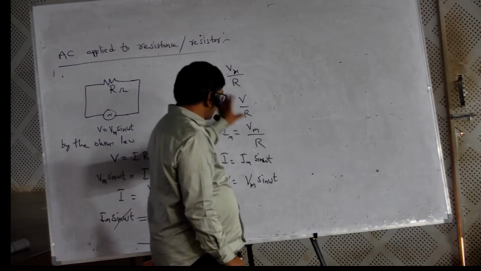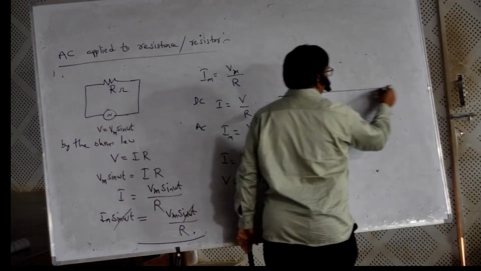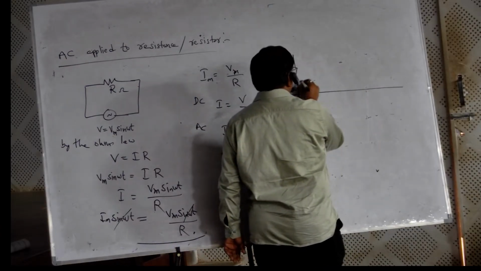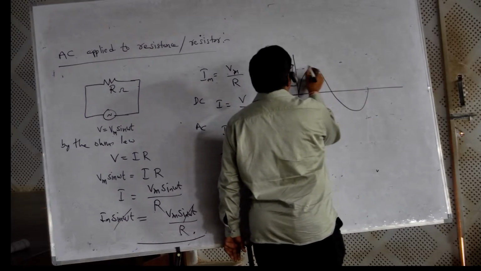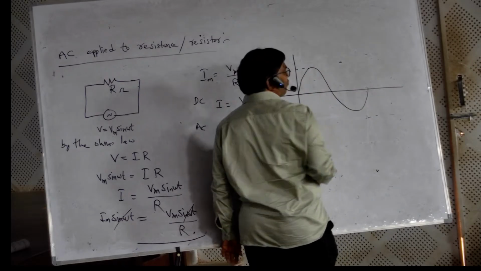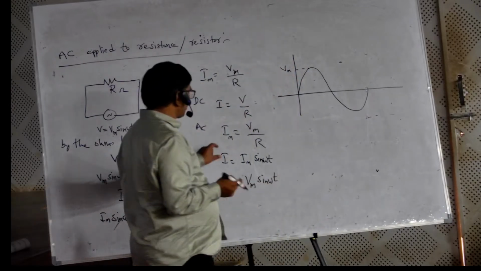So with respect to this, what is the waveform now? I am writing Vm. This is the Vm voltage waveform. Now the Im waveform I have to draw.